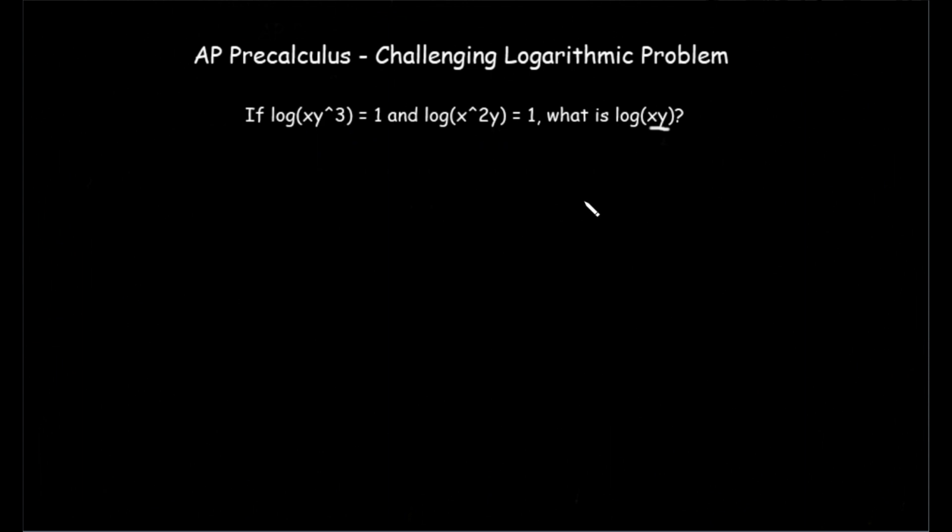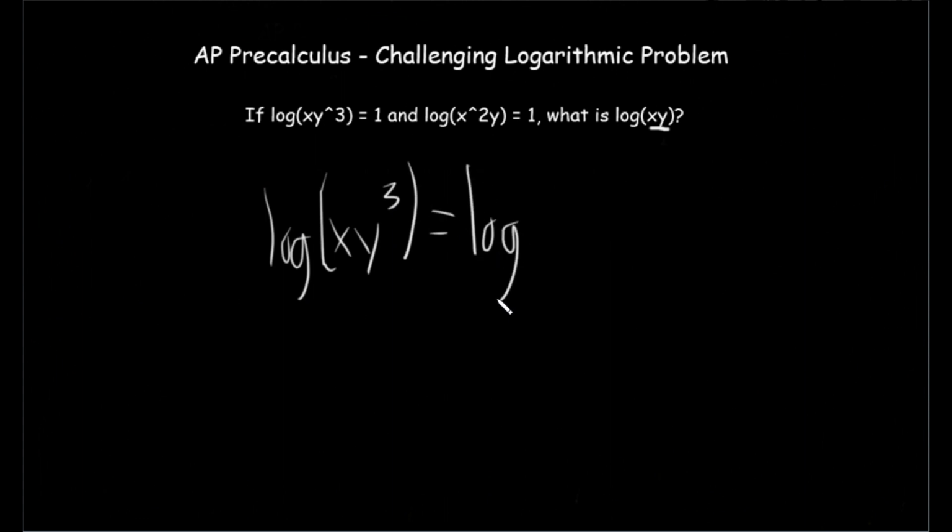So the first thing you need to understand is that these two expressions equal each other because they both equal 1. And so you can actually solve for x and y.